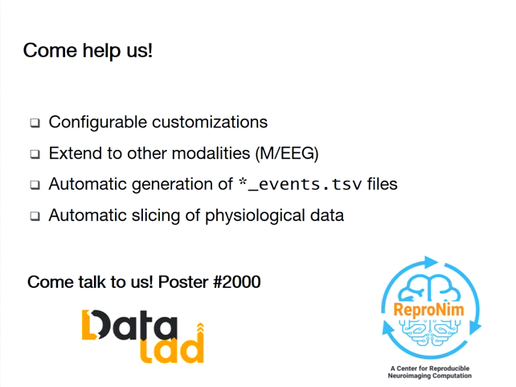It would be nice to extend it to other modalities, for example, MEG or EEG. It would be really nice to automatically fill the events.tsv files so that you don't have to manually do anything. And then, if you're collecting physiological data in the MR scanner, like respiration or heart rate, it would be nice to automatically slice this data and store it in the BIDS dataset.